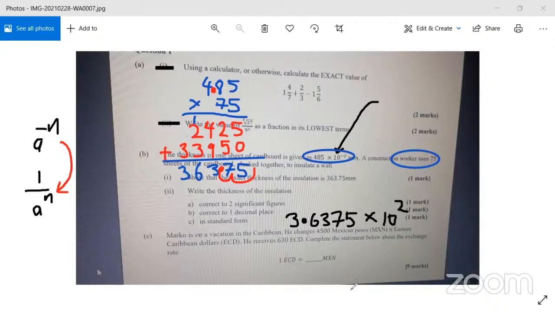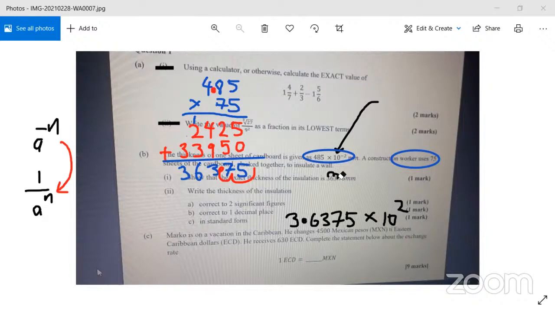The question is, why would it be positive if we're going in this direction? Because if you have this and you move to the left 2 times, shouldn't we be saying that it is actually going to the left?